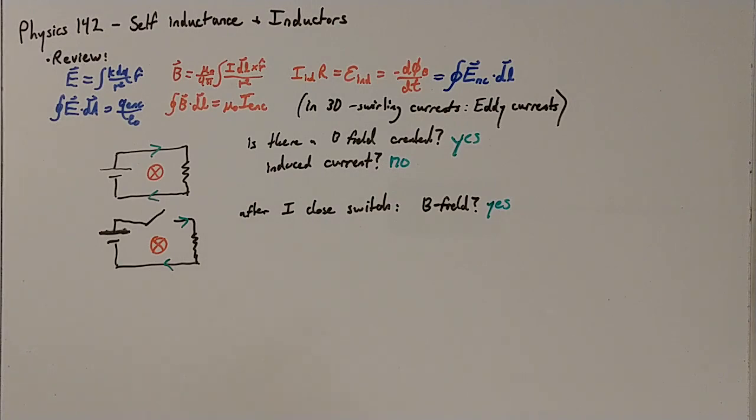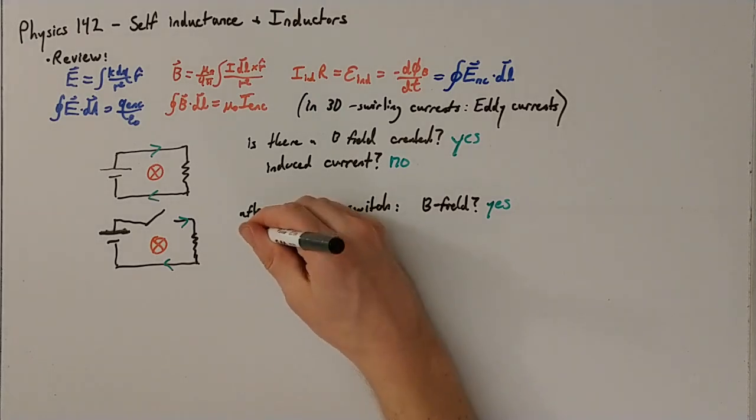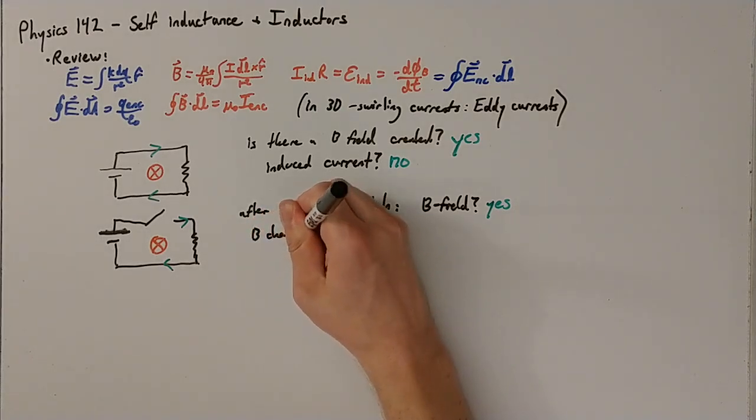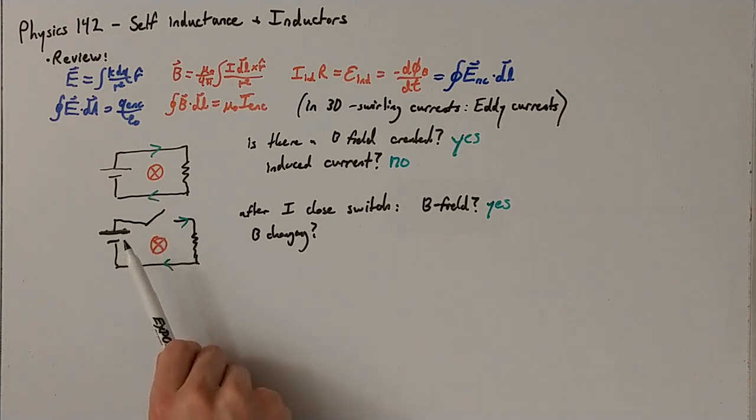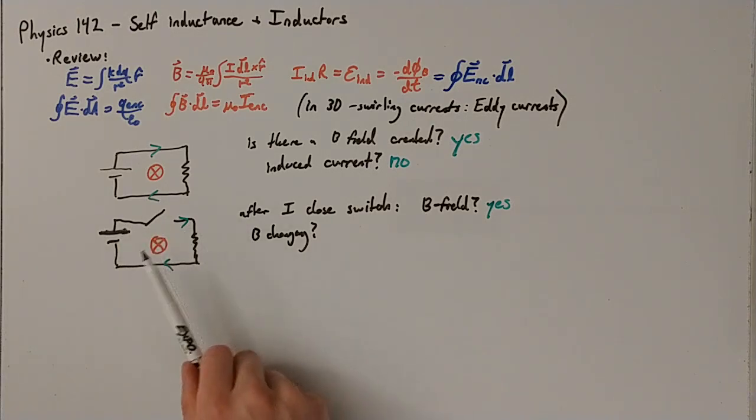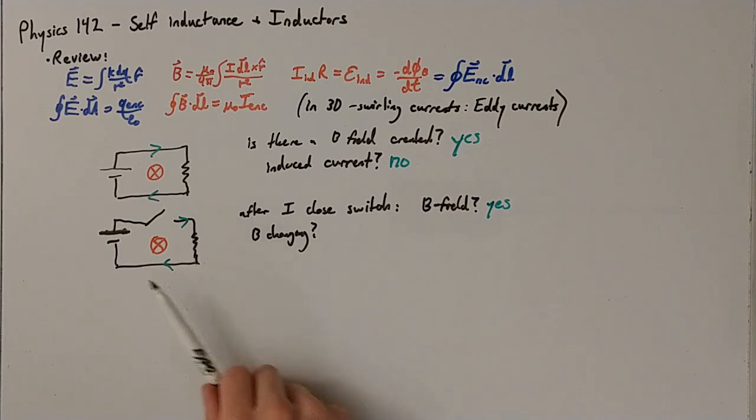Is that B field changing, and will there be an induced current? Well, is B changing? Right after we close the switch, you betcha. Right after you close the switch, the current is going from zero current to some current, so clearly the current is changing, and if the current is changing, that means the magnetic field is changing.